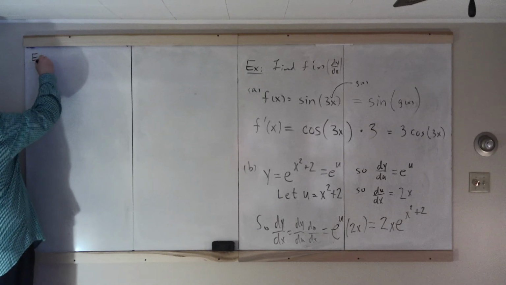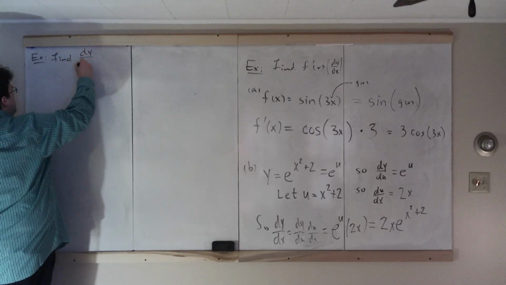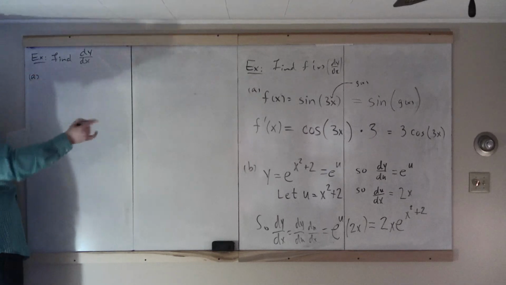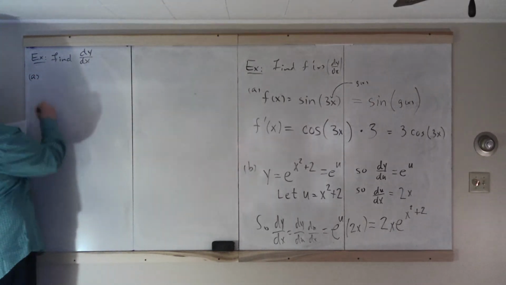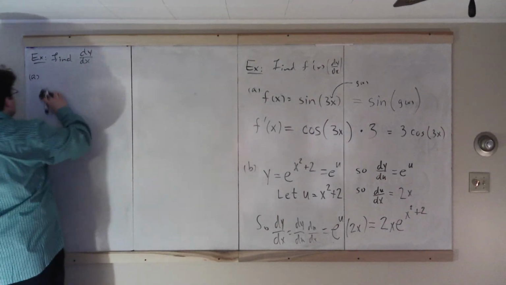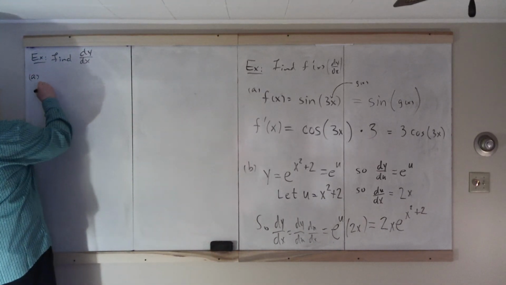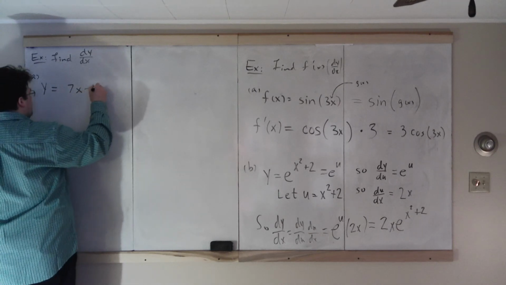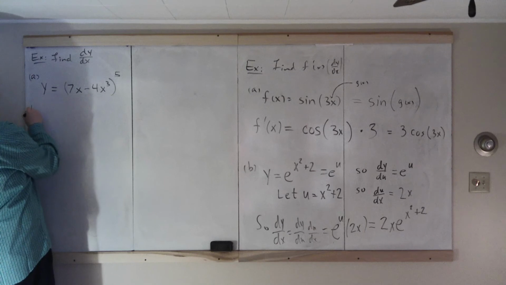Example. Find dy dx. A. And in some of these I will go through the u substitution, and some of them I won't. I'm going to need a y if I'm going to say dy dx. Y equals 7x minus 4x cubed all to the 5th.